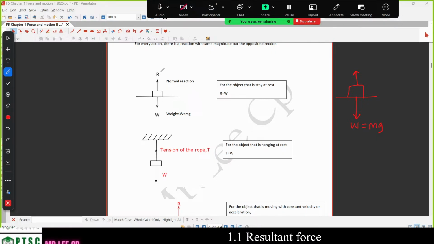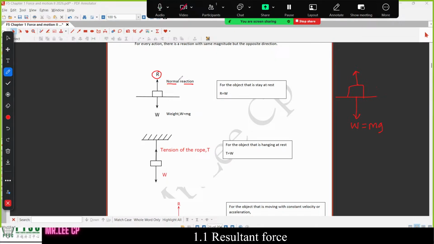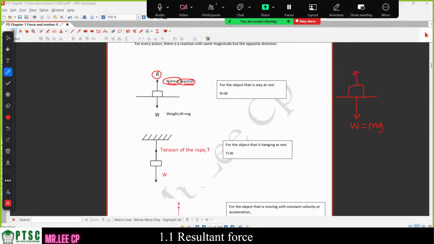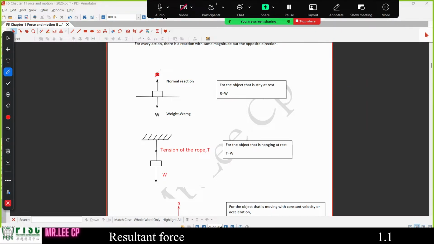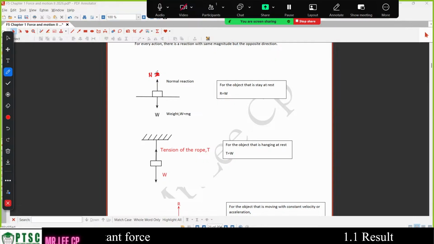It is called normal reaction, so you can just call it normal, or reaction, or normal reaction. R stands for reaction. Some teachers will write this as N. N stands for normal. It is okay, normal or normal reaction will be okay.